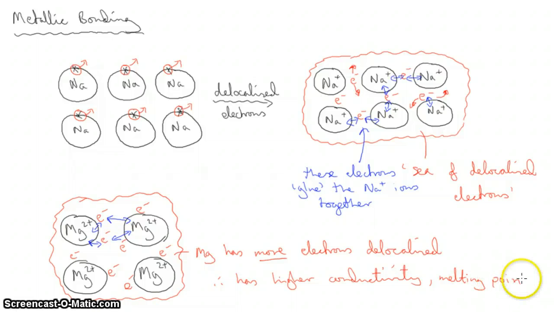All these things depend on how many electrons are in between. The magnesium's got more because it's in group 2, because it gives off 2 electrons, than sodium.